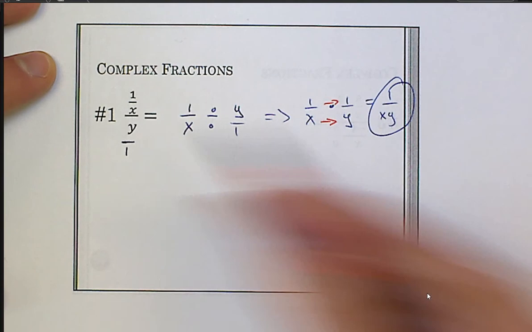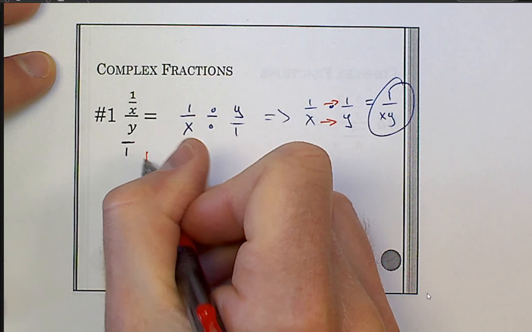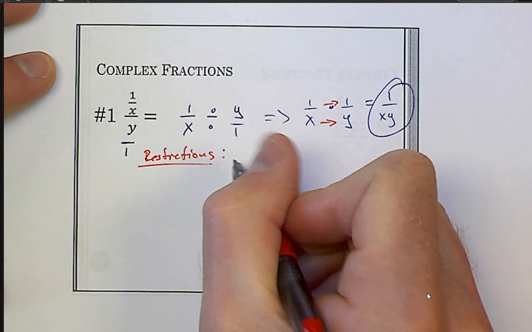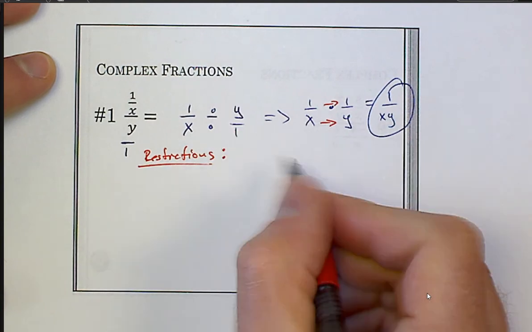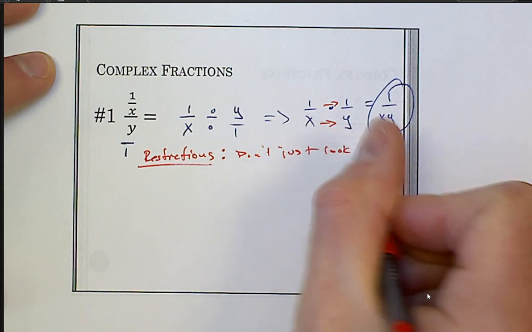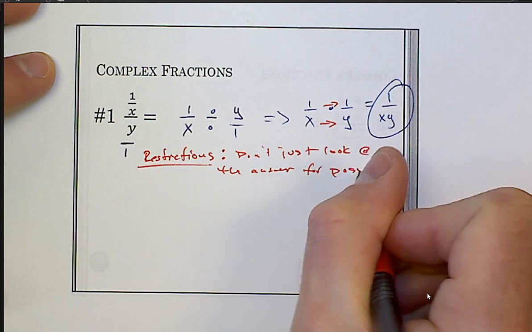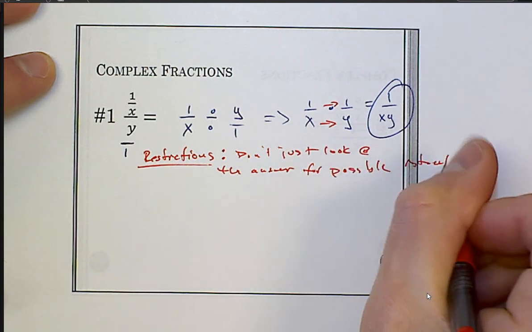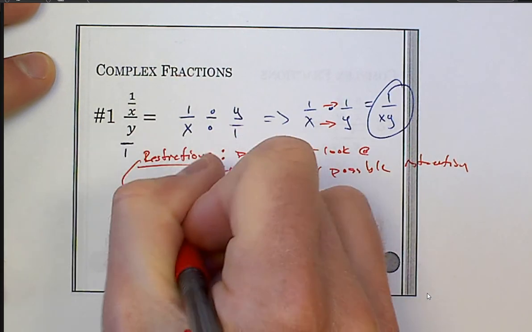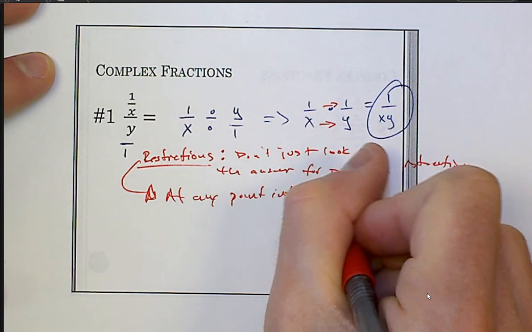Now, we're always going to state restrictions, okay? And so in this case, when we talk about restrictions, I'm going to make a very important point. With restrictions, don't just look at the answer for possible restrictions. That's a good place to start. But what you really need to do for restrictions is look at any point in time within the problem.